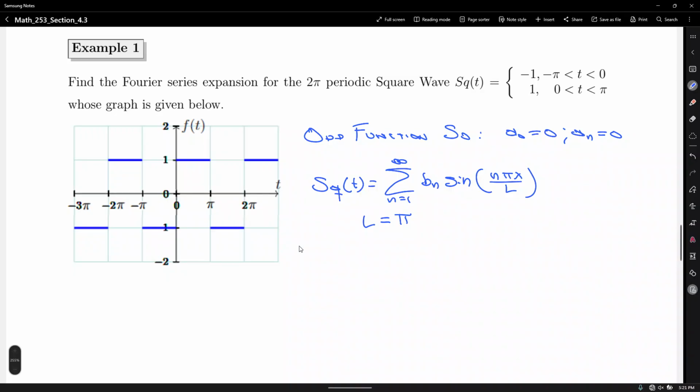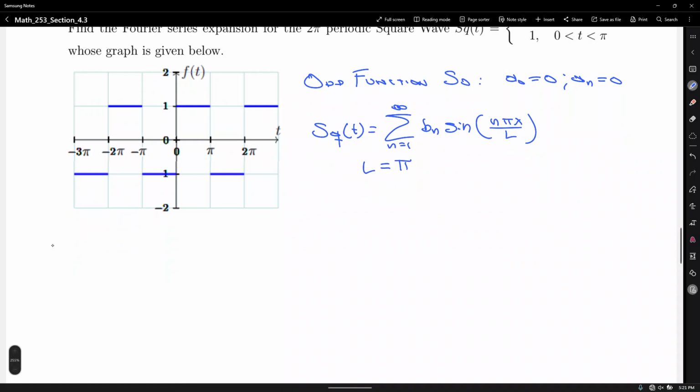All right, let's get started. So here's the thing. B sub n equals 1 over L integral between negative L and L of the function f of t sine n pi x over L with respect to t. All right? So that's the function to evaluate. Okay, well, let's substitute what we have.